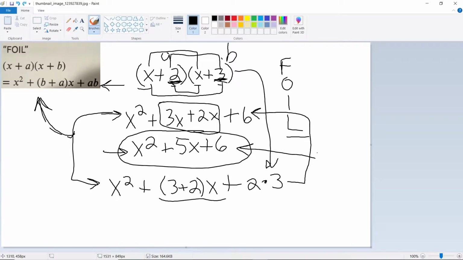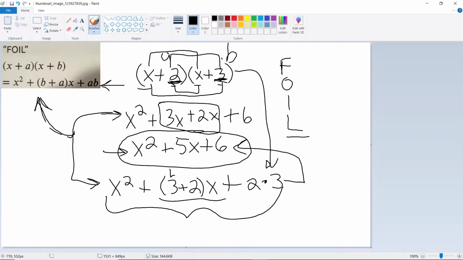Let me get rid of that arrow to make it clear. You would write it like this. But you can always break it up to be like this so that you can see the b and the a. And here's the a and the b. So you could see those numbers separately. So that's foiling in this style, where you originally started with (x + a)(x + b).